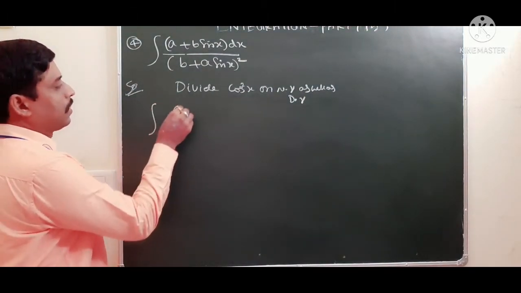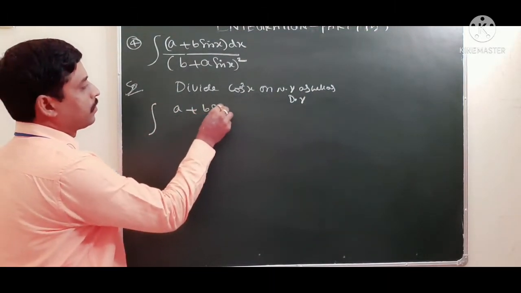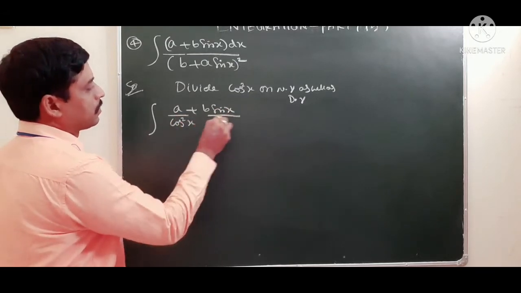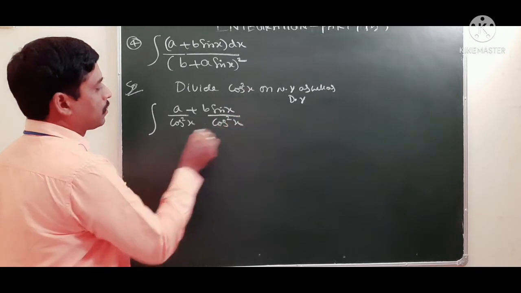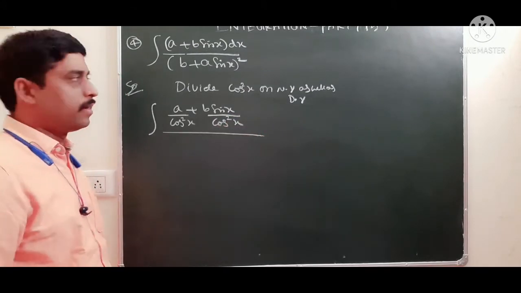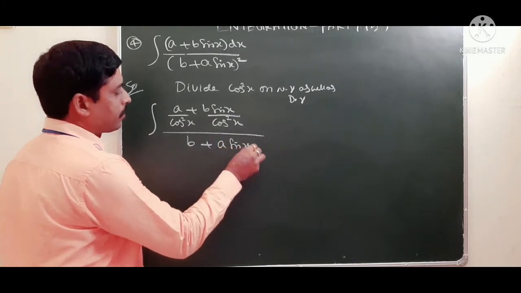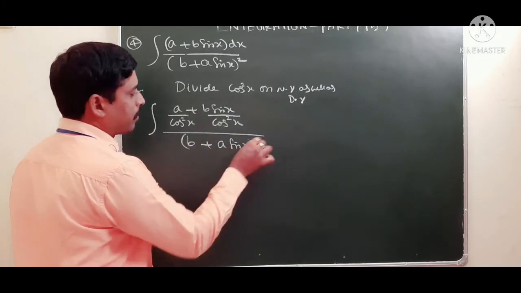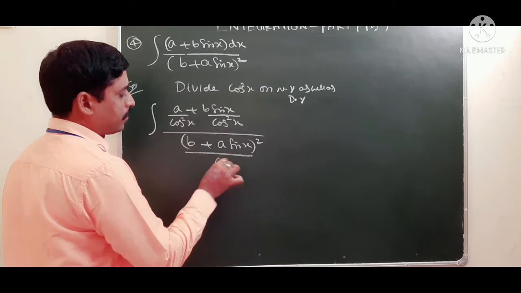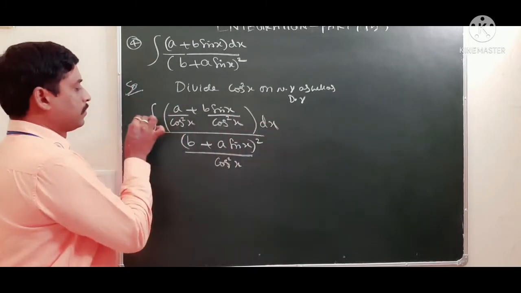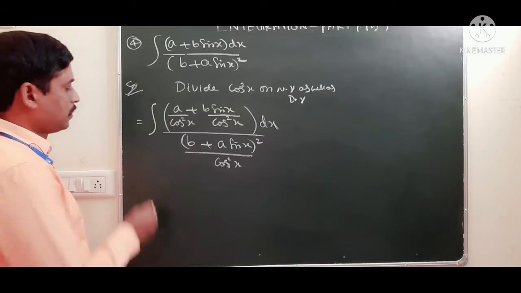Integral a plus b sin x by cos square x, this b sin x by cos square x, this whole divided by b plus a sin x whole square by cos square x dx. Is it clear?